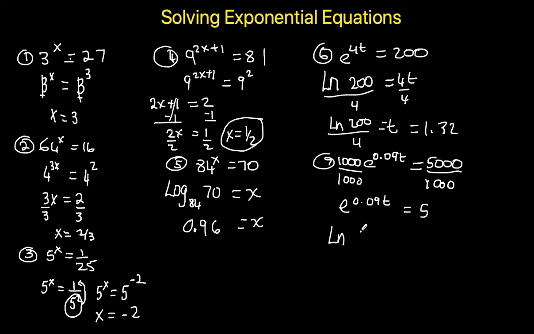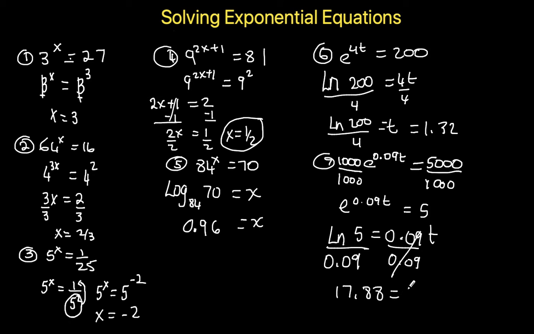I don't have to put the e. ln 5 equals 0.09t. Divide by 0.09 on both sides. And I'm going to go ahead and enter that. Natural log of 5 divided by 0.09 to 2 decimal places. I'm getting 17.88 equals t.